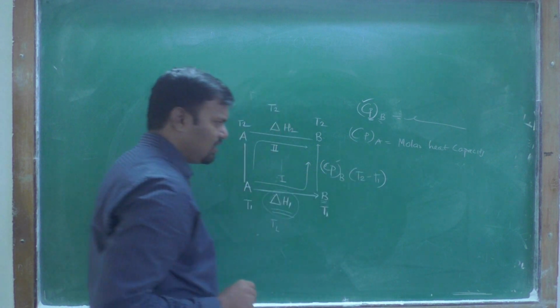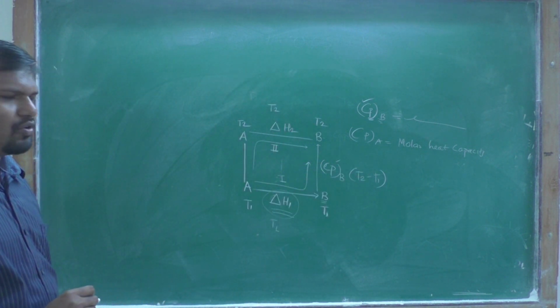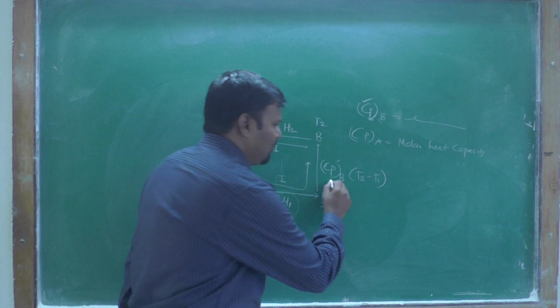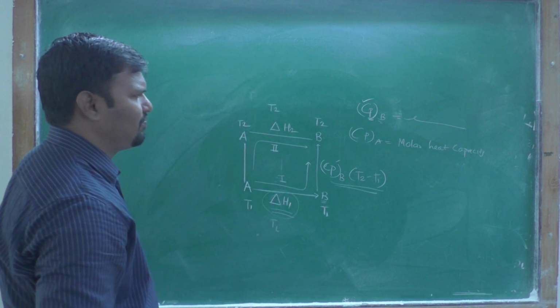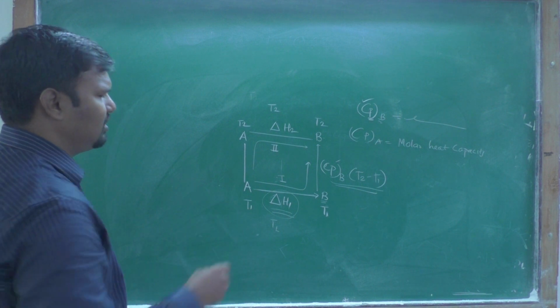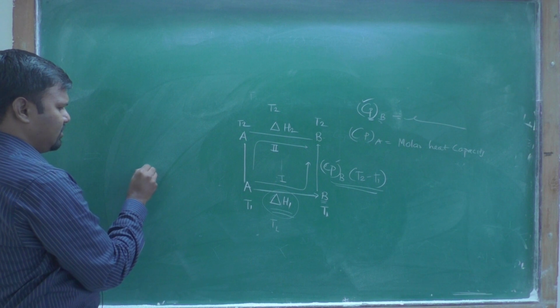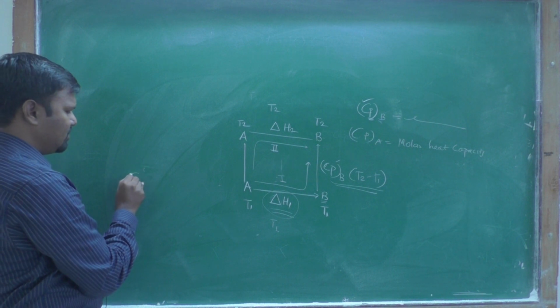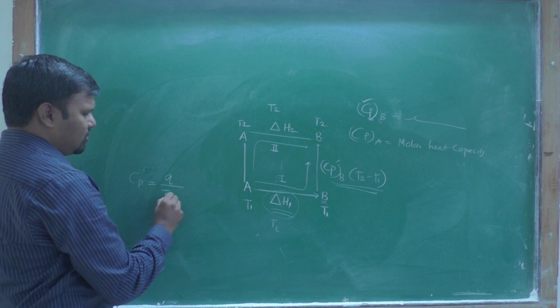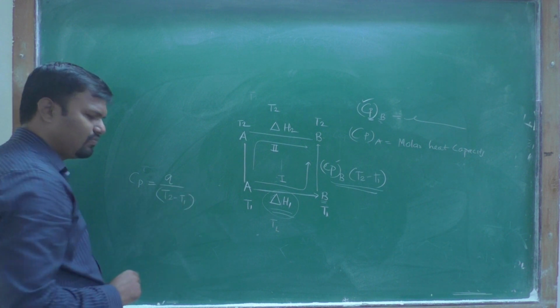We discussed previously that the molar heat capacity Cp is given by Q upon T2 minus T1.